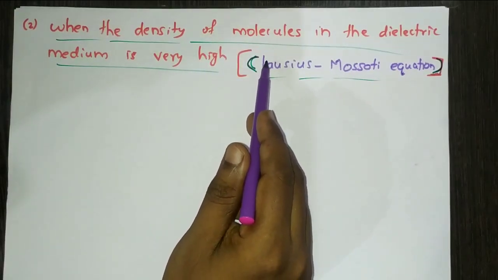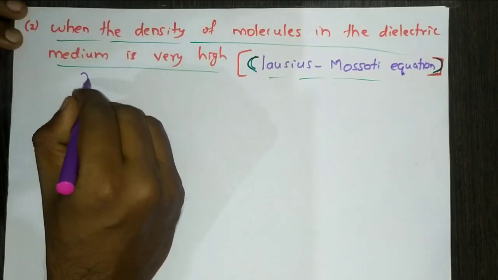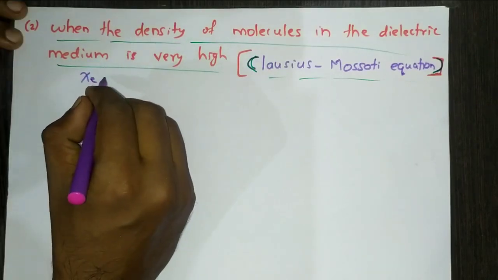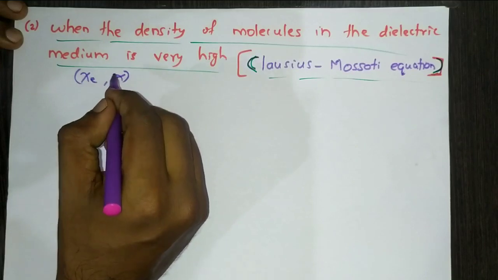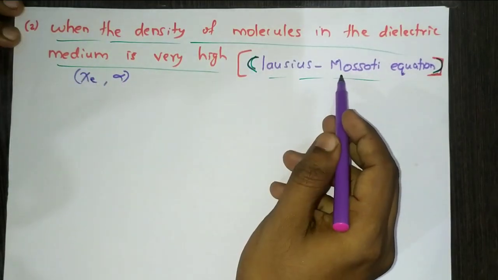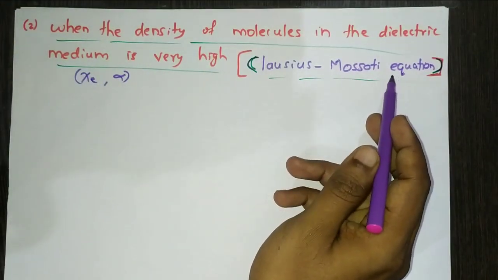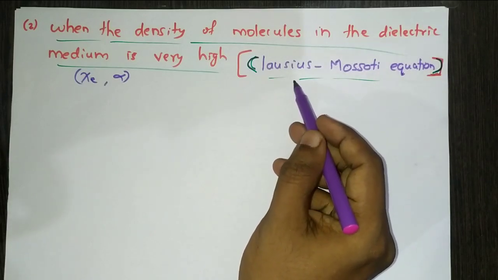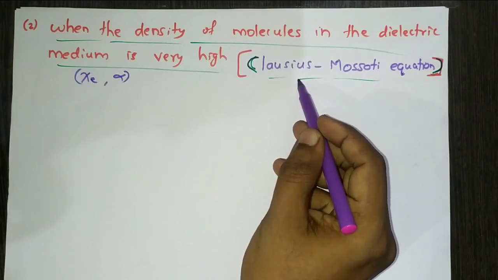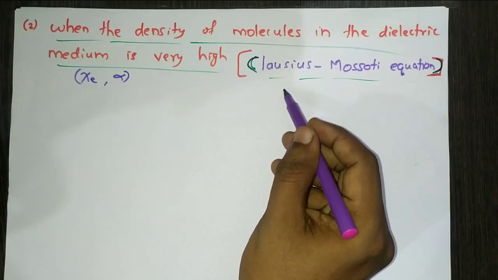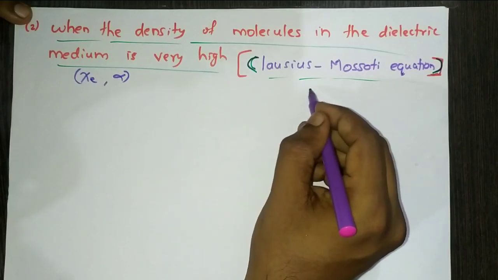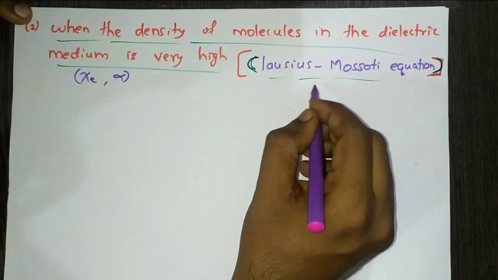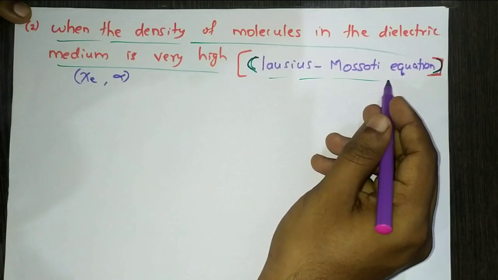Here we will derive the relation connecting chi e and alpha. From this relation, we will derive the Clausius-Mossotti equation. This equation relates the microscopic property, that is the polarizability alpha, to the macroscopic property, that is the dielectric constant epsilon r.